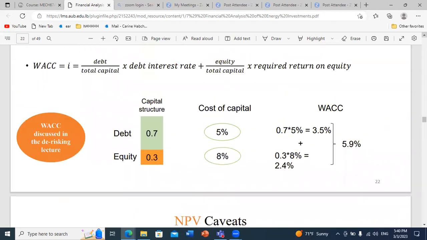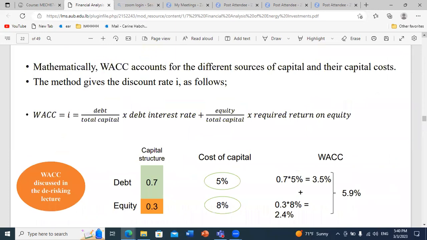So, for example, if you want to calculate the discount rate, you need to determine the source of your capital. Your capital can be 100% debt, can be 100% equity from your own pocket, or it can be a combination. You can have part from banks, let's say, and part from your own money.